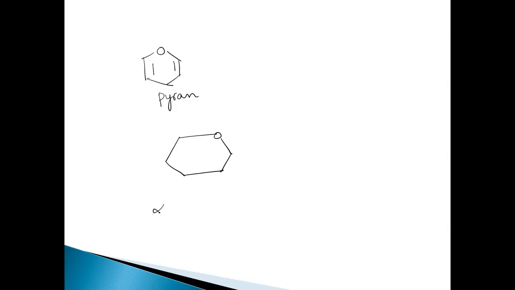Here, I'm writing the alpha D plus glucose. And these are what? Haworth projection formulas.